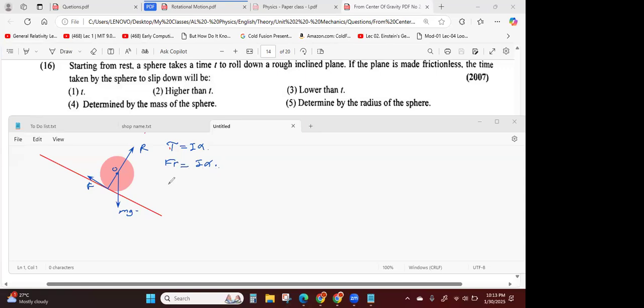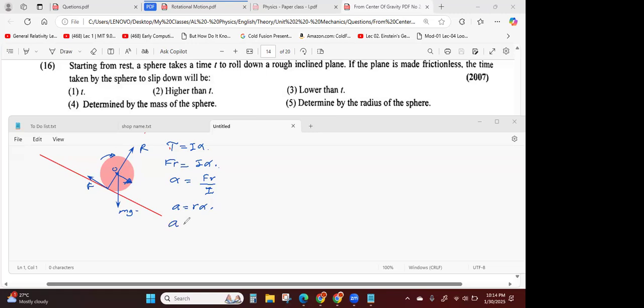Then alpha will be F r over I. So that is alpha. Now if it is rotating with alpha, the acceleration of the center of mass is given by a equals R alpha.